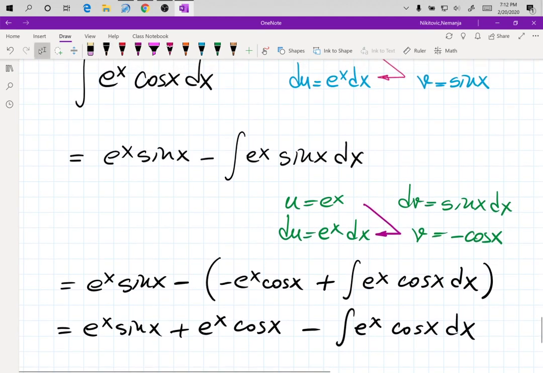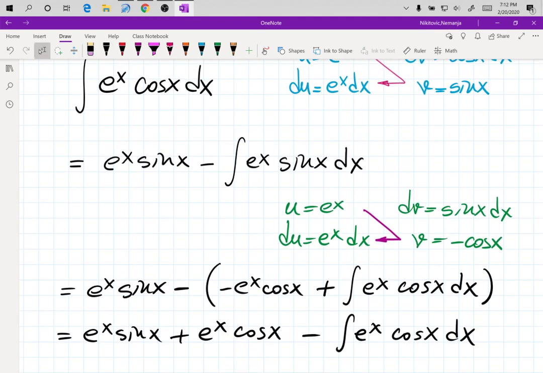And now let's look at the damage. How far did we get in our calculations? What now?